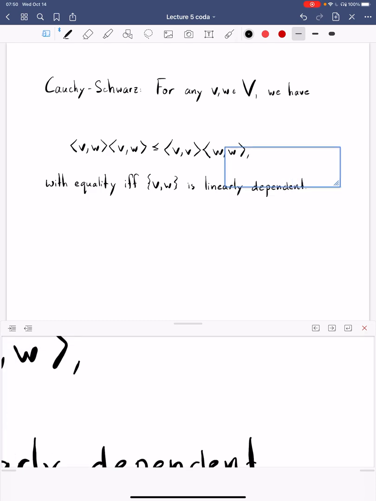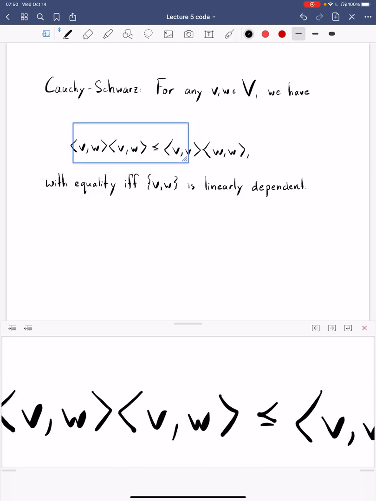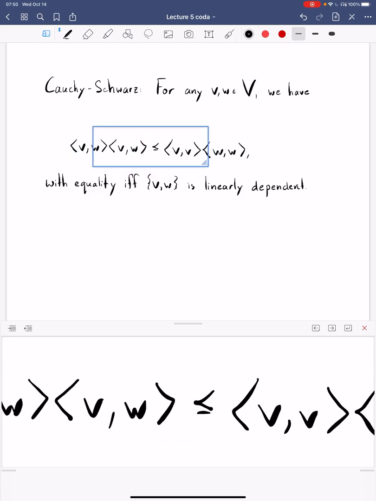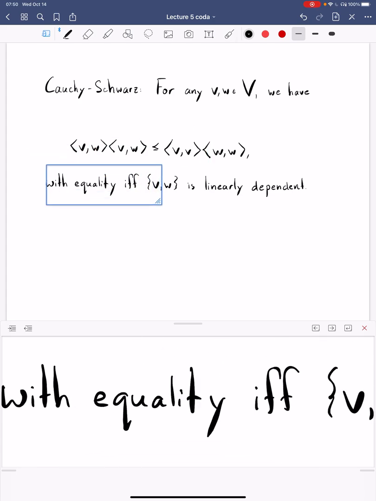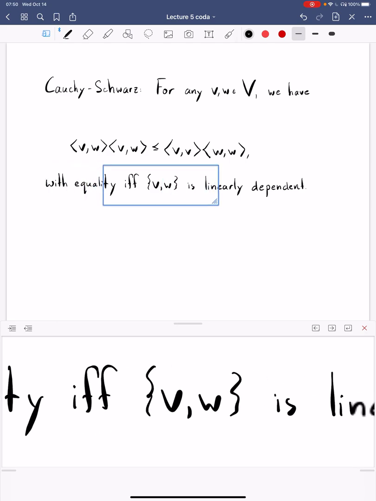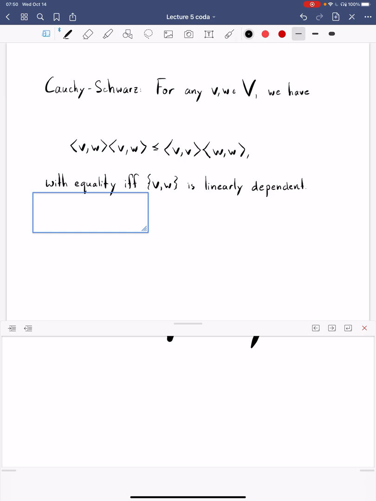Okay, so the first part of the proof, which proves that this inequality is true, is done for you in the lecture notes. And the second part is part of the assignment, showing that equality holds if and only if v and w is linearly dependent. So let's go over that because this is one of the problems on the second problem set.